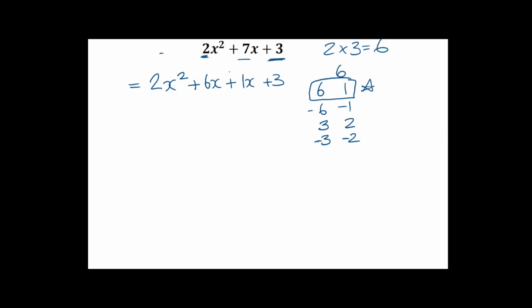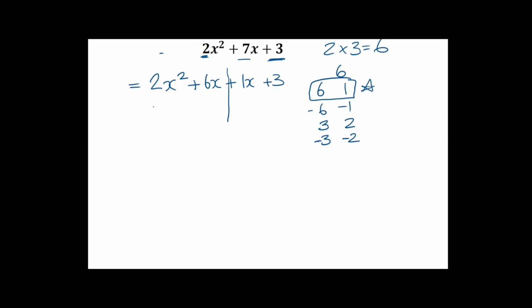Okay, now comes the magical hokey pokey bit. We're going to take this and we're going to sort of partition it, and we're going to factorize them both separately. So 2x squared plus 6x, is there a common factor?